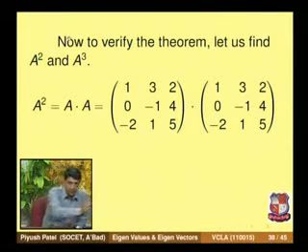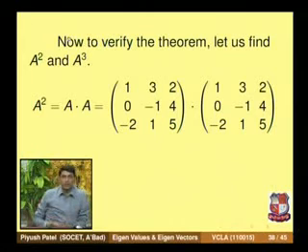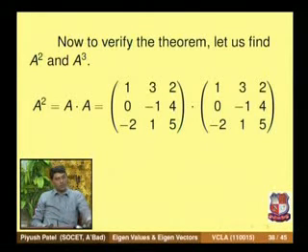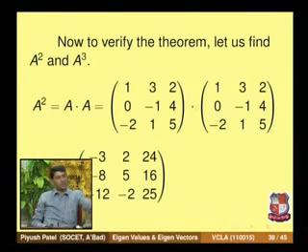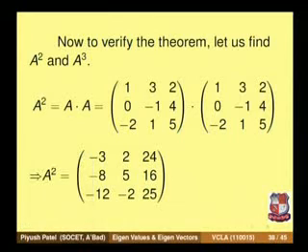Here the first entry is 1 into 1 plus 3 into 0 plus 2 into -2, so you will get 1 plus -4, that is -3. Similarly you can calculate all the entries, and A squared is this one: -3 2 24, -8 5 16, -12 -2 and 25.